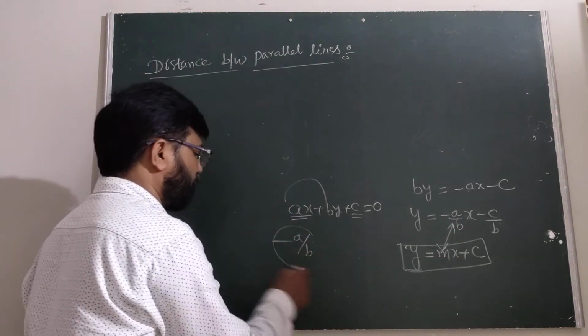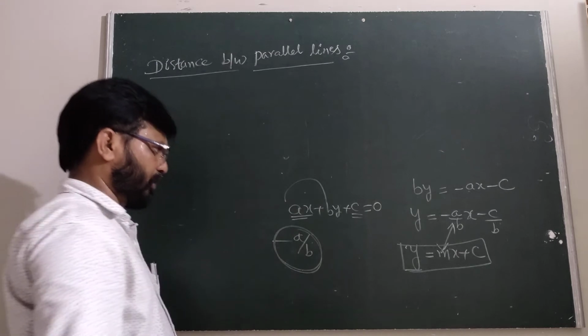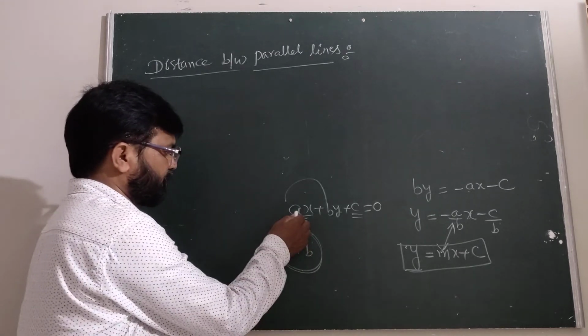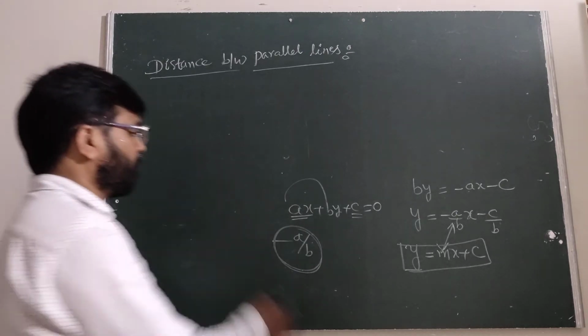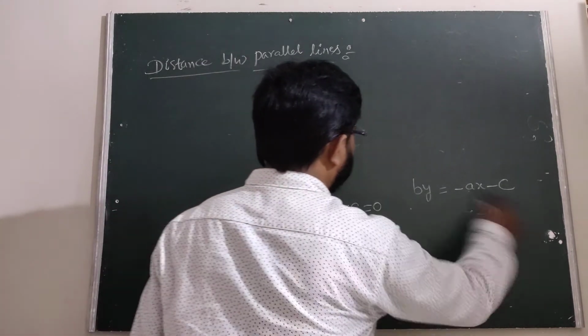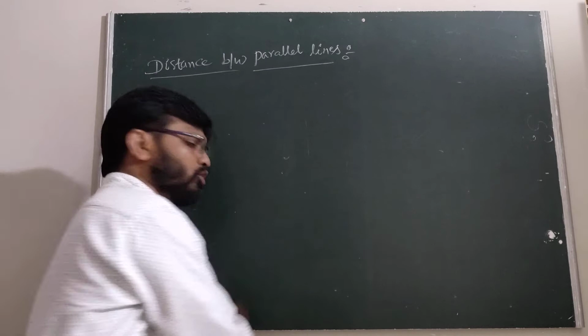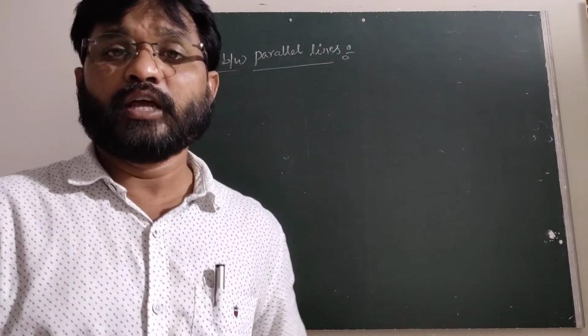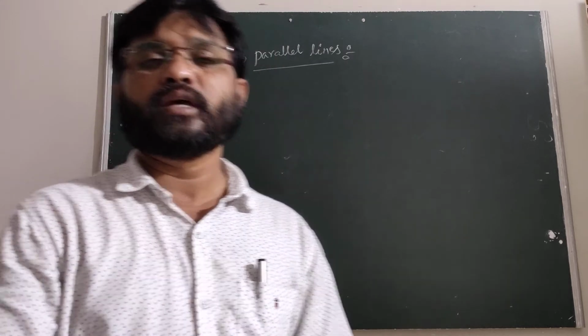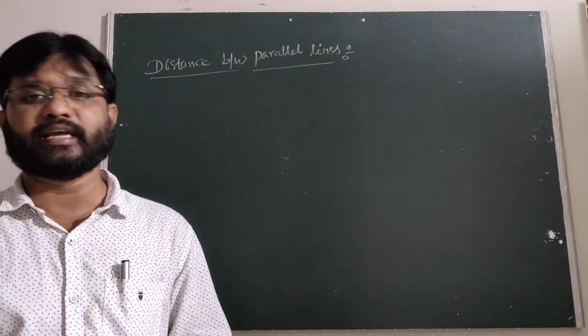That means the slope of the line is minus a by b, where a is the coefficient of x and b is the coefficient of y. Therefore, parallel lines have equal slopes but different constants. If the constant is also the same, then they are said to be coincident lines.